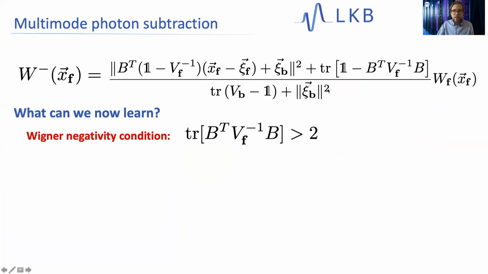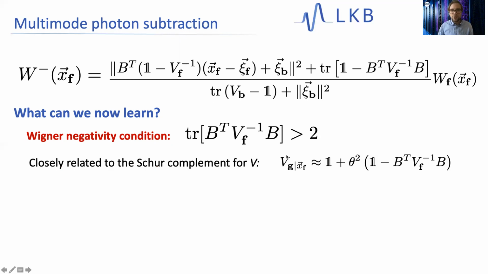So the minimal value that we have here for this part is going to be given by this trace here. And if this trace is negative, the whole Wigner function is going to become negative. So I just translated this, the fact that I want this trace to be negative, to the fact that I want this trace here to be larger than 2.